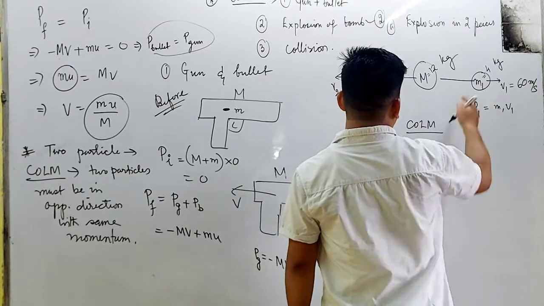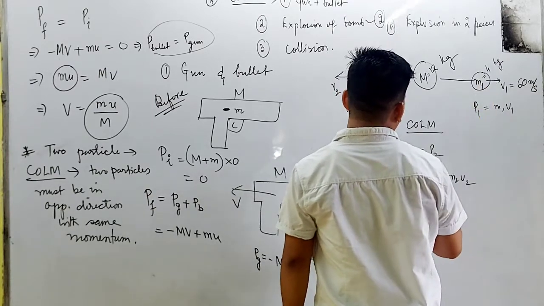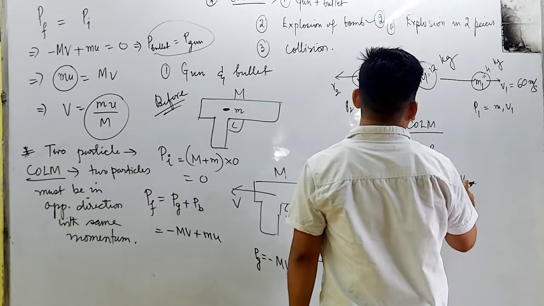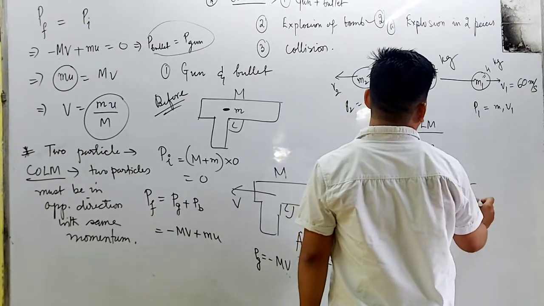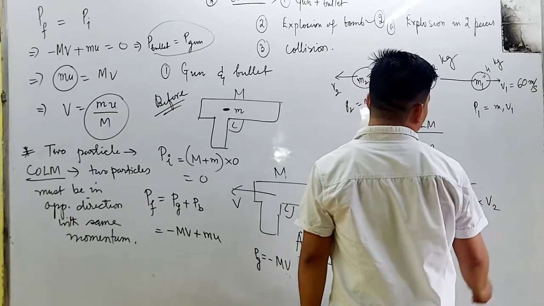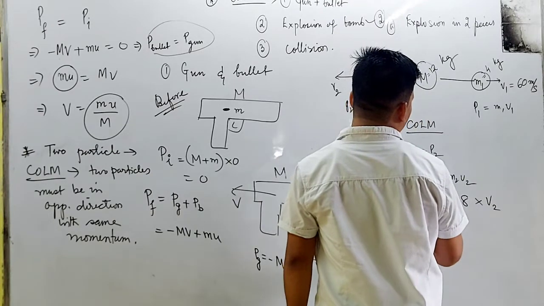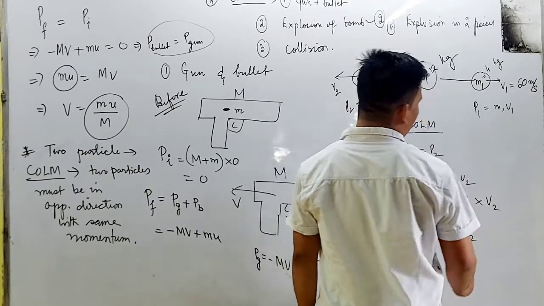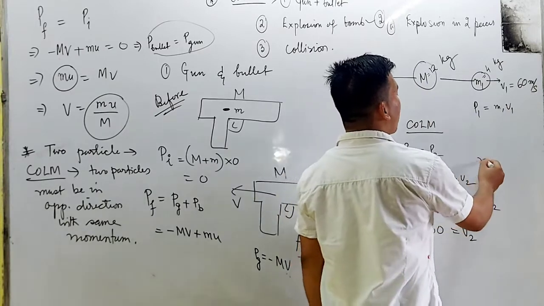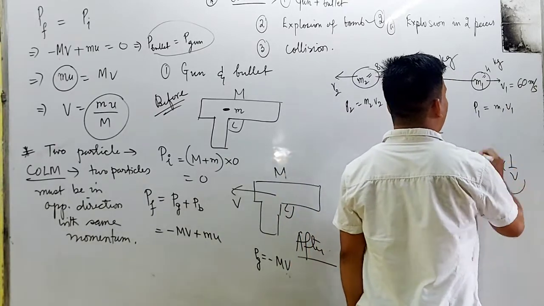M1 is 4, V1 is 60, M2 is 8, and V2 is to be found out. So we will be having 30 as V2. We conclude M is inversely proportional to V.